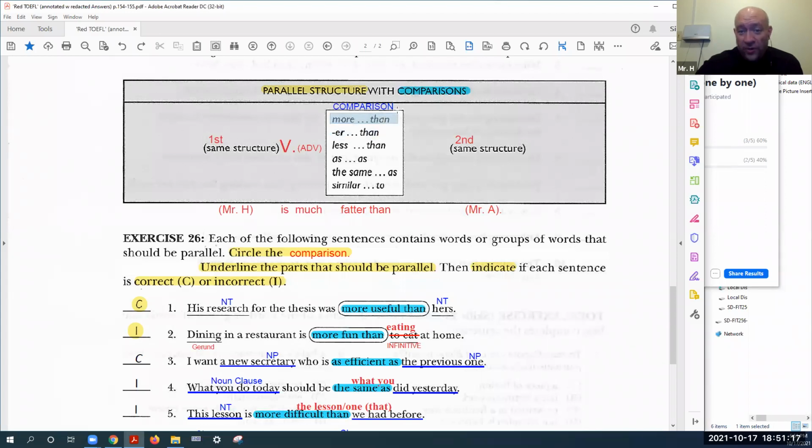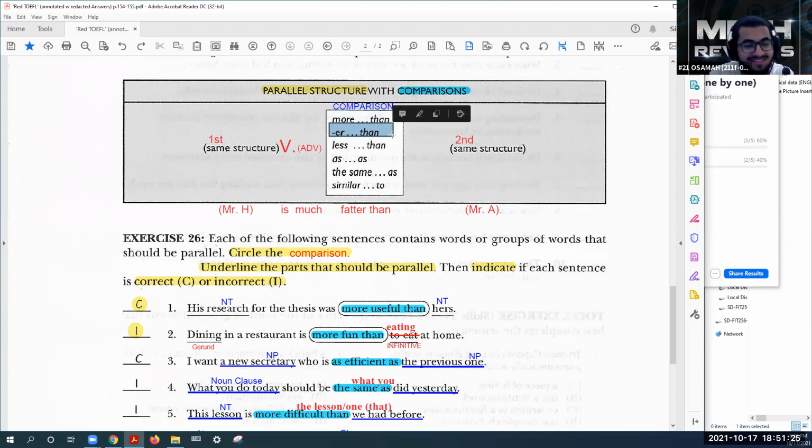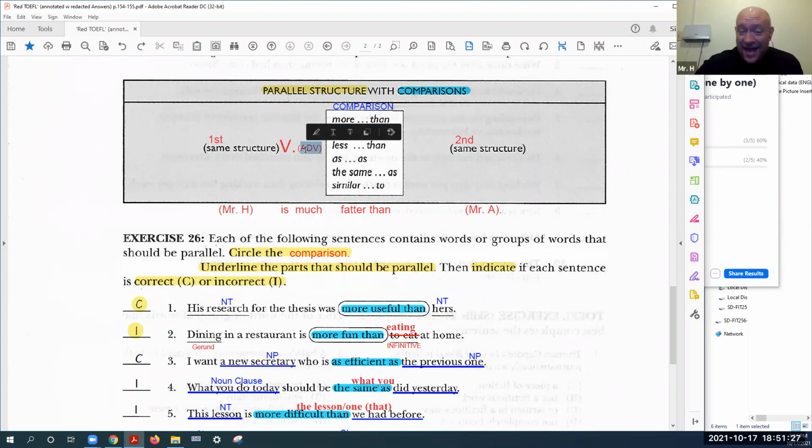You cannot have both. You choose one of them, not both. And then you can make it stronger if you add much. Much is an adverb and it makes it stronger.